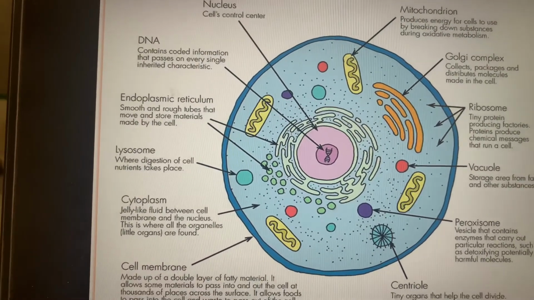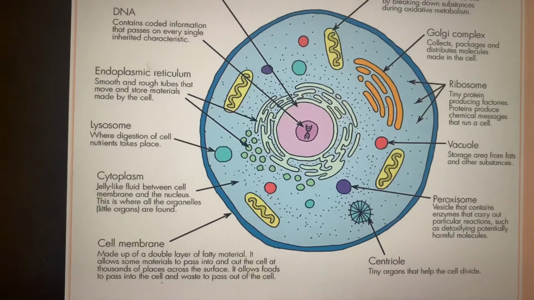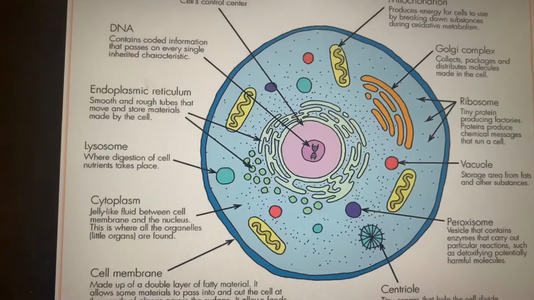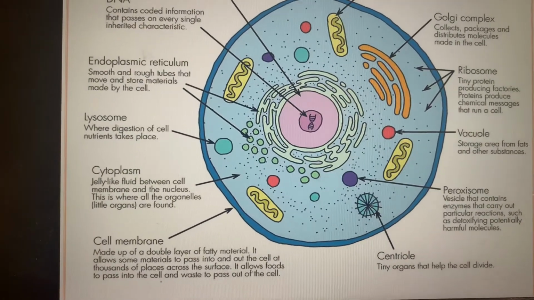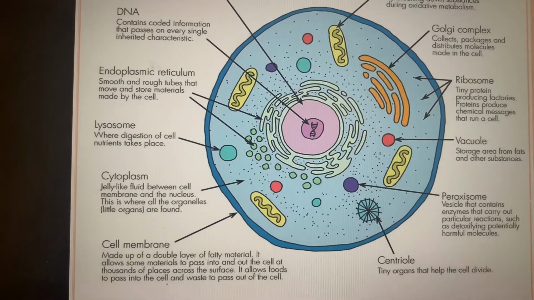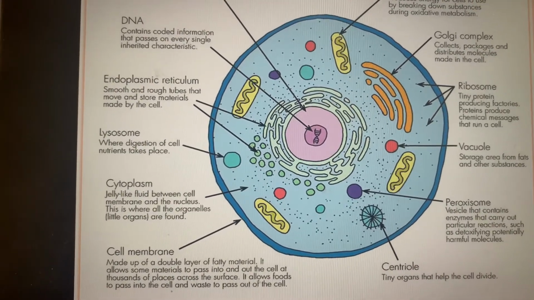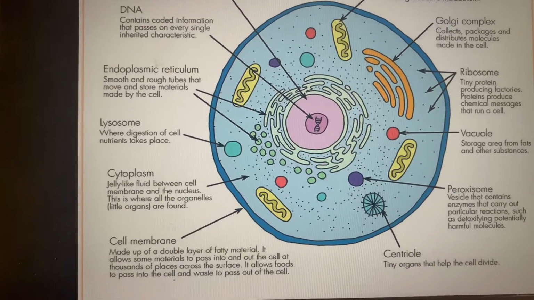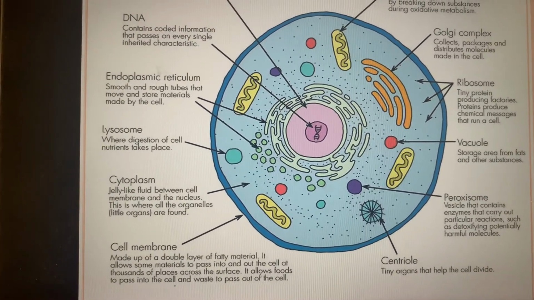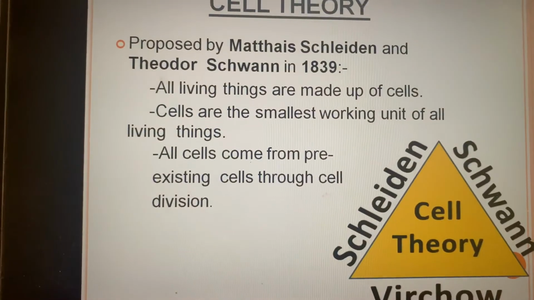Then vacuoles, these are the storage areas for fats and other substances. Peroxisomes, vesicles that contain enzymes that carry out particular reactions such as detoxifying potentially harmful molecules. Then centrioles, tiny organelles involved in cell division.